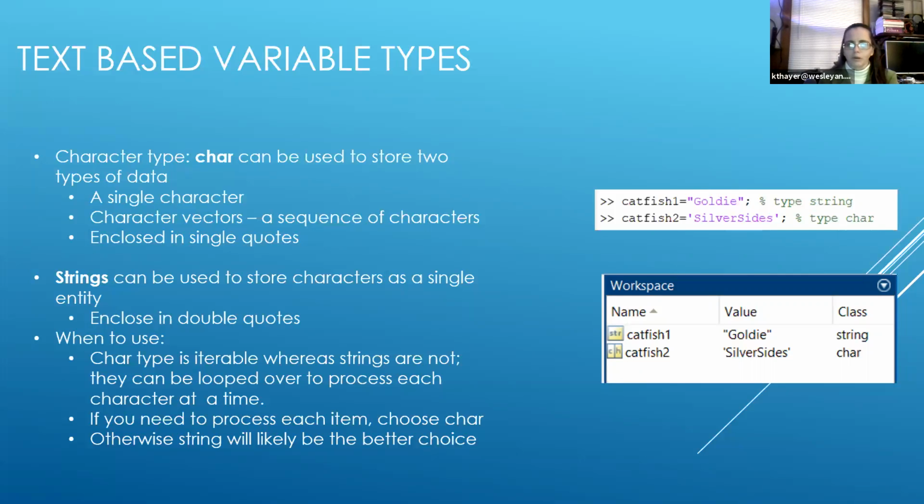This will become important when we discuss looping, which will be in the flow control sections, which will be chapters 4 and 5. If you need to process each item, choose the character, otherwise string will likely be the better choice. Here is an example of the report in a workspace to tell you that this one is string and this one is character.